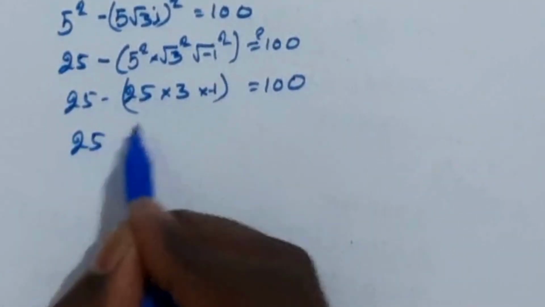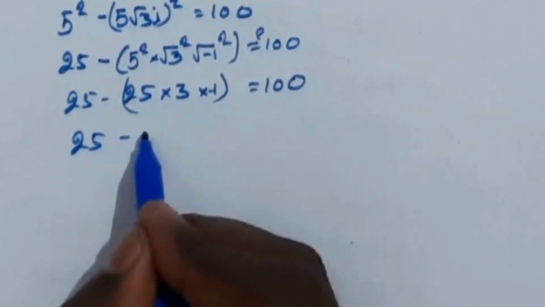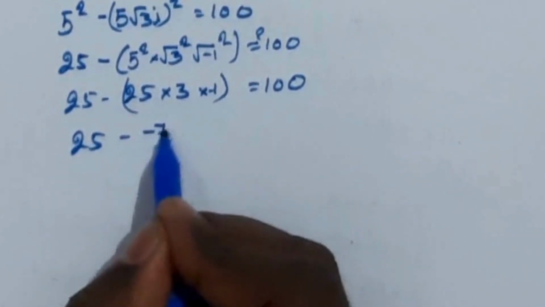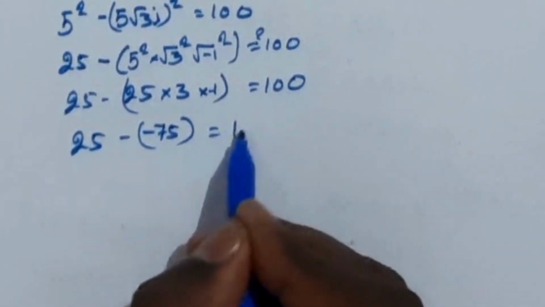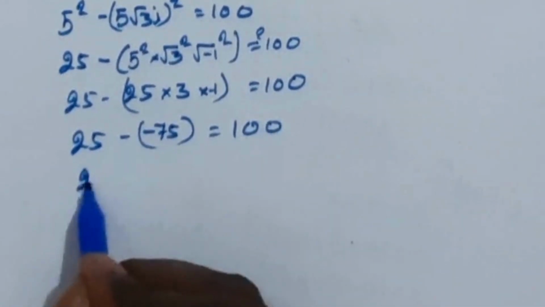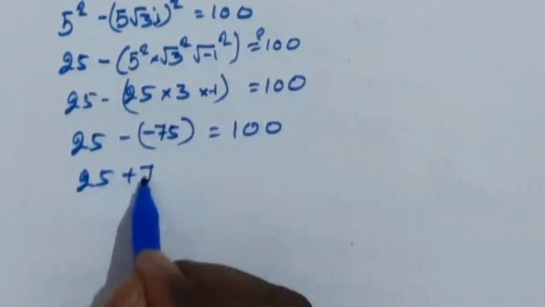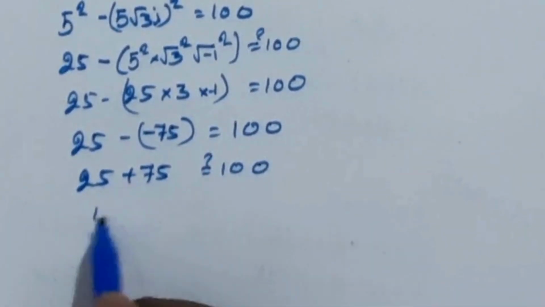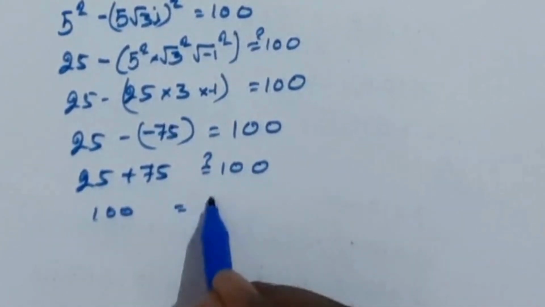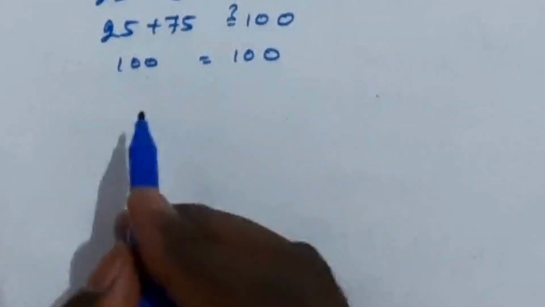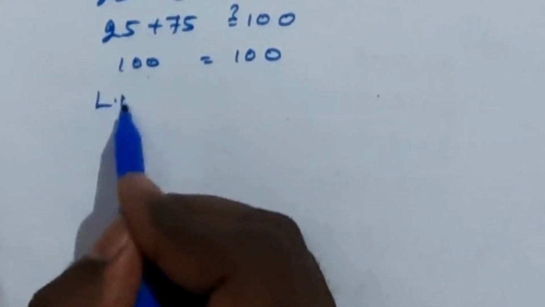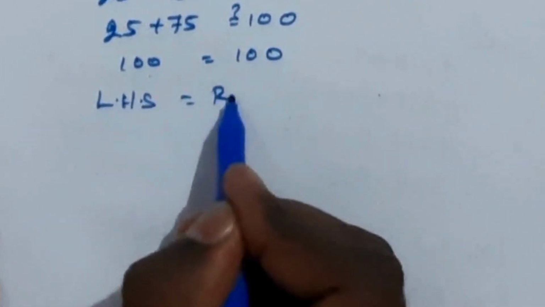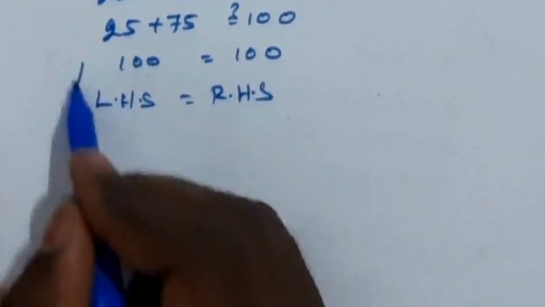Now 25 minus minus 75 equal to 100. 25 plus 75 equal to 100. So 100 equal to 100, which is LHS equal to RHS. That's verified.